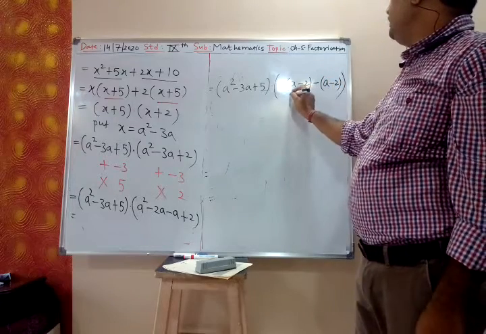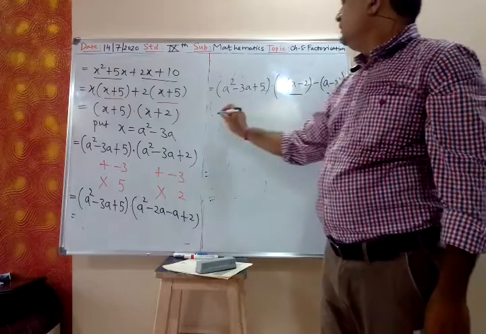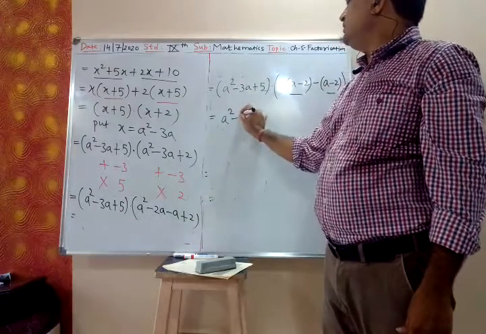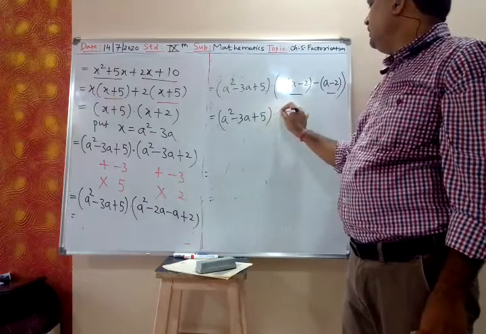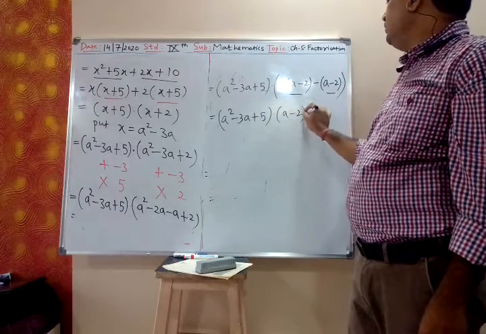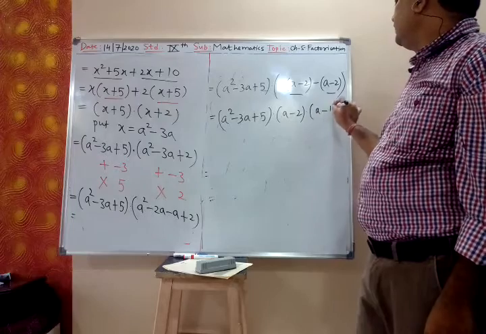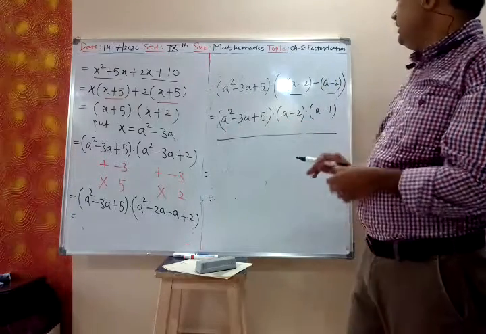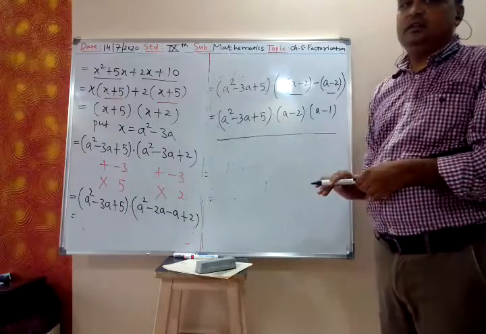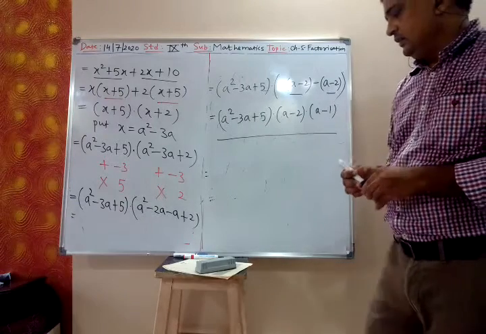Then a minus 2 is common. So it is a square minus 3a plus 5. What is common in them? A minus 2 is common. Then what is left? A minus 1. And this is the answer.